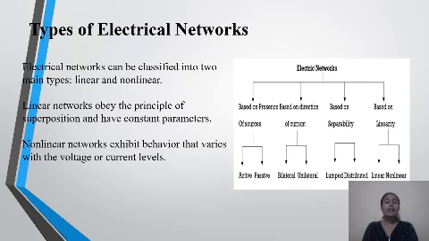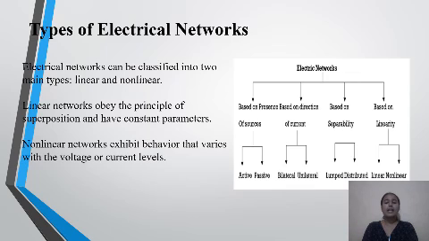Types of electrical networks. Electrical networks can be classified into two main parts, linear and non-linear. Linear networks obey the principle of superposition and have constant parameters. Non-linear networks exhibit behavior that varies with the voltage or current levels.